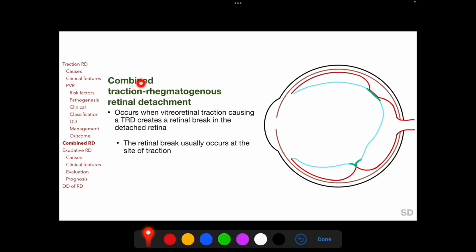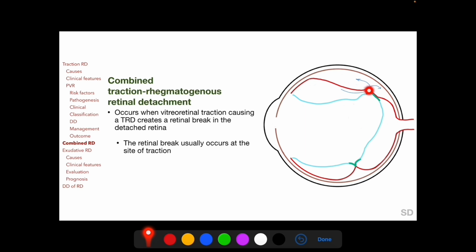Combined traction and rhegmatogenous retinal detachment occurs when vitreoretinal traction causing a TRD creates a retinal break in the detached retina. The retinal break usually occurs at the site of vitreoretinal traction causing the TRD, and following creation of the retinal break, vitreous fluid passes into the subretinal space as in a rhegmatogenous retinal detachment.